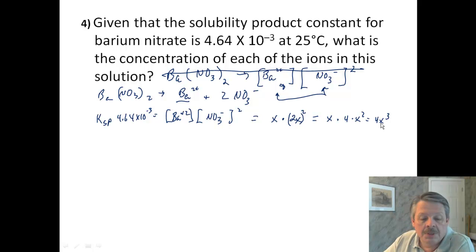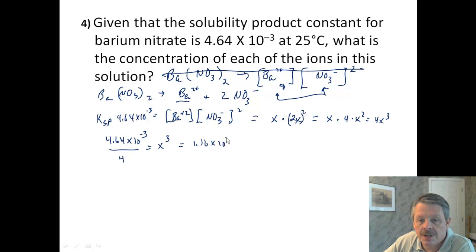So assuming that I did my math right to come up with 4X cubed, then I take the 4.64 times 10 to the minus 3, and I divide that by 4, and that's going to give me X cubed. So that gives me 1.16 times 10 to the minus 3 is what X cubed is.